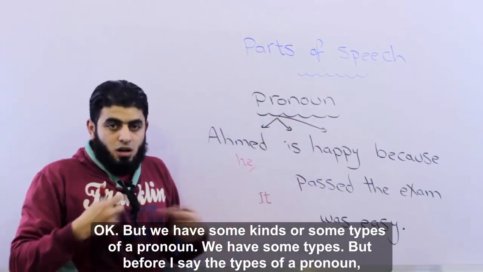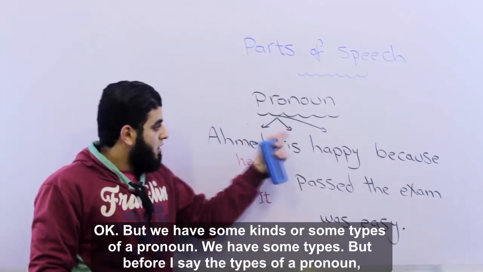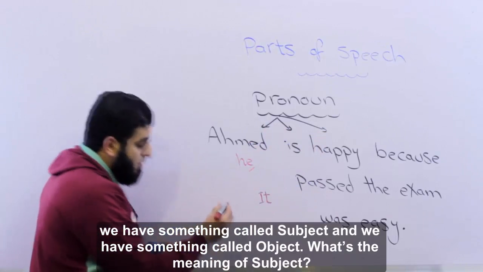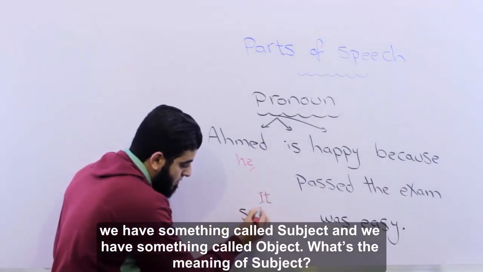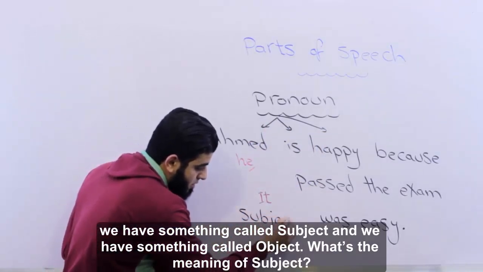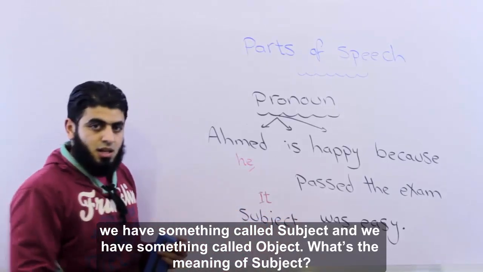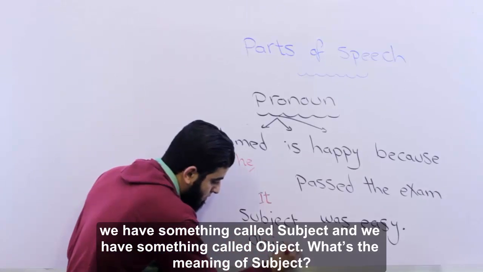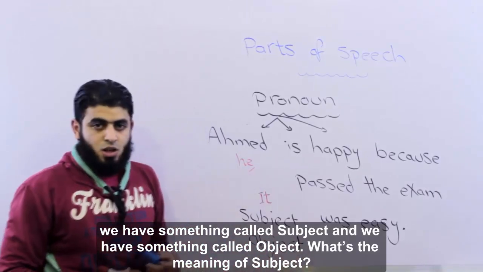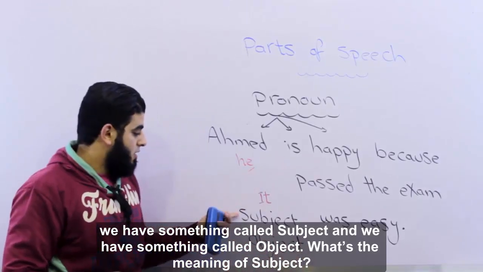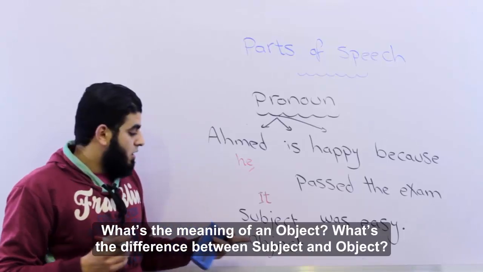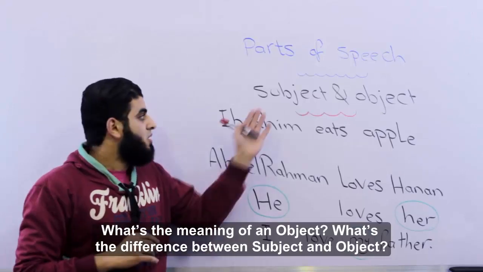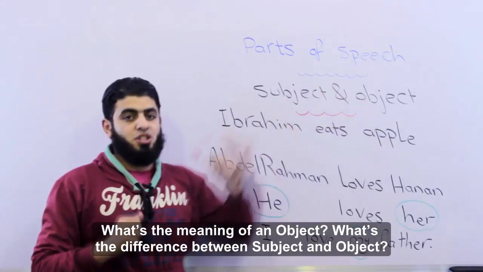But before I say the types of a pronoun, we have something called subject, and we have something called object. What's the meaning of subject? What's the meaning of an object? What's the difference between subject and object?